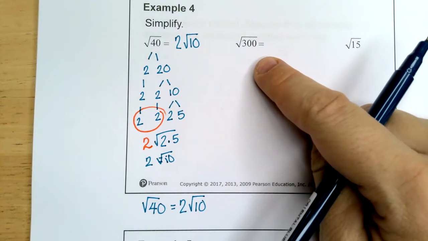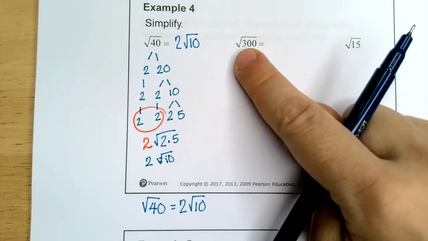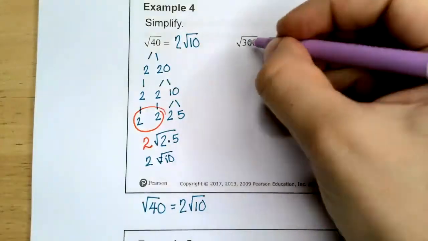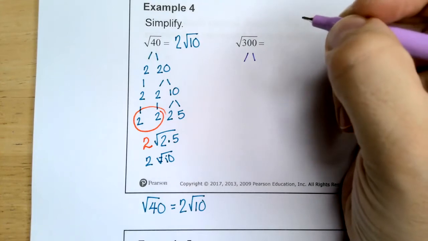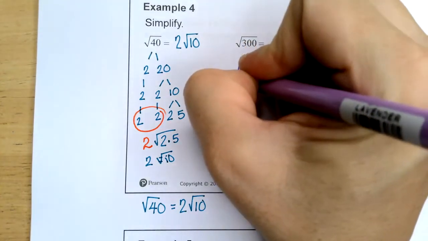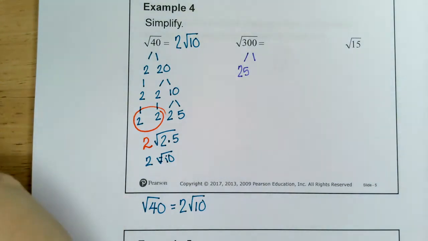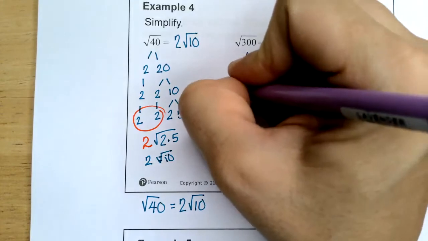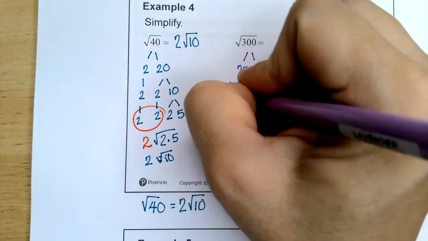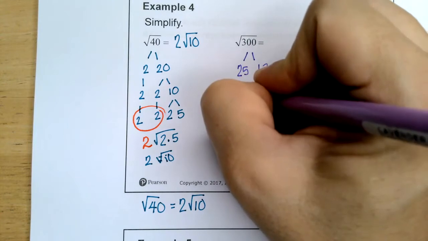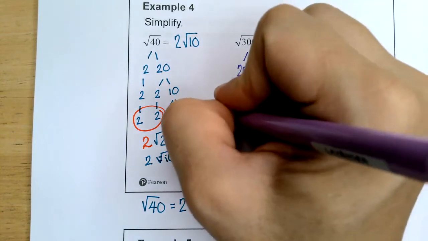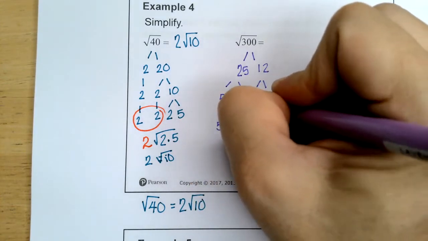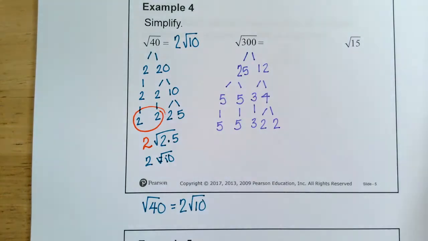Right here. Same index. It's an understood 2, so we're looking for pairs, okay? 300 can become what? Let's do 25. 300 divided by 25 is 12. 25 can become 5 and 5. 12 can become 3 and 4. 5 is prime. 3 is prime, and 4 becomes 2 and 2.